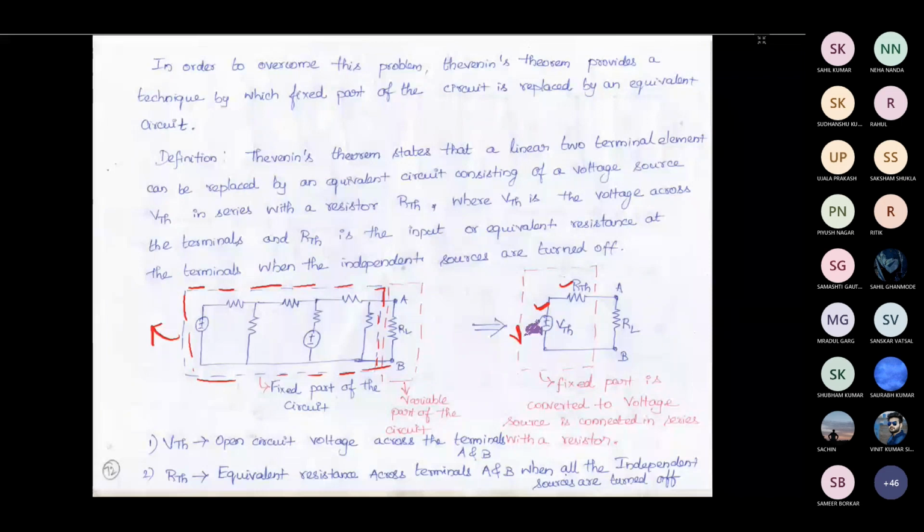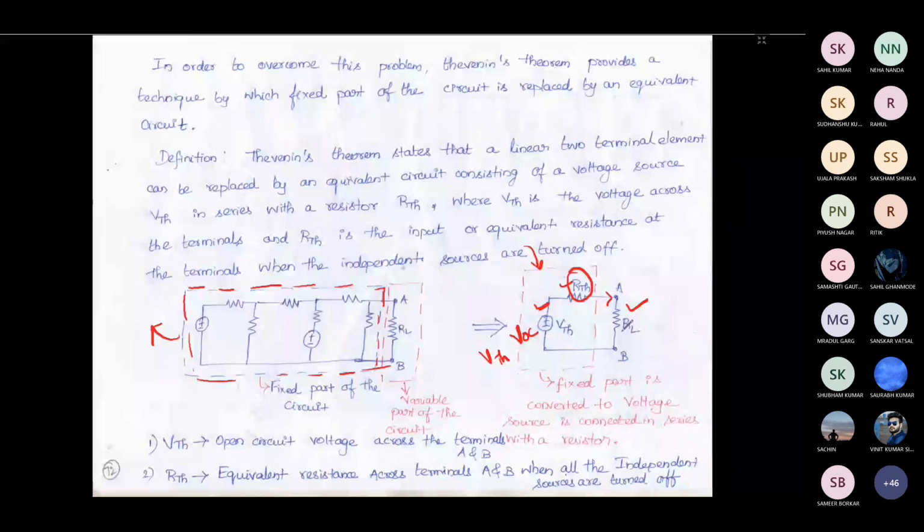This is also called the open circuit voltage or Thevenin voltage, and this is called the Thevenin resistance. So this is the circuit which we are going to find. Then we can connect the load as we discussed before, and obtain the current flowing through it or the voltage across that RL.